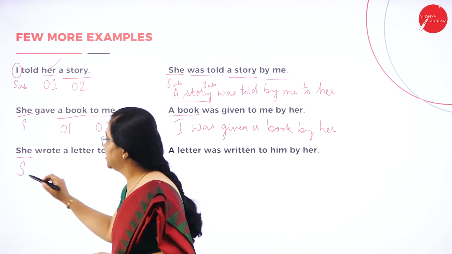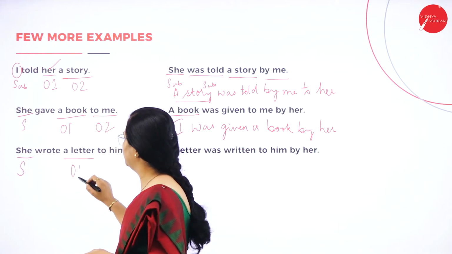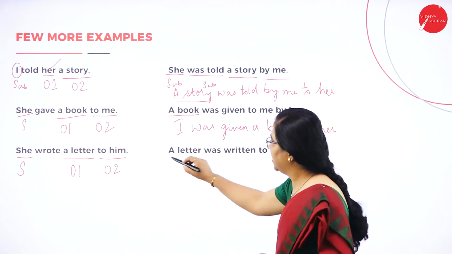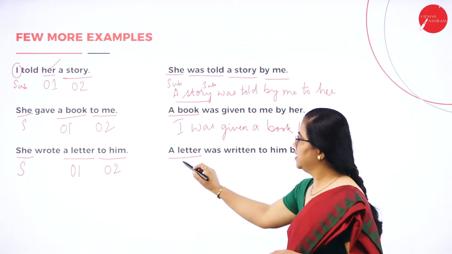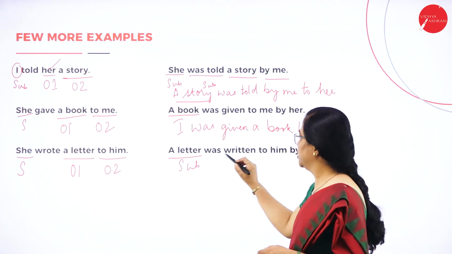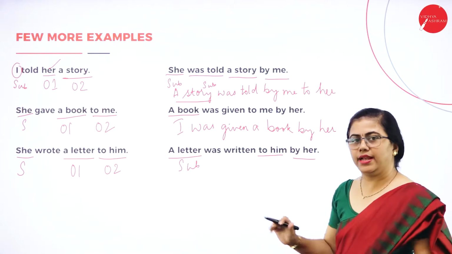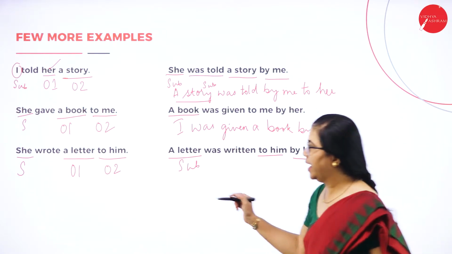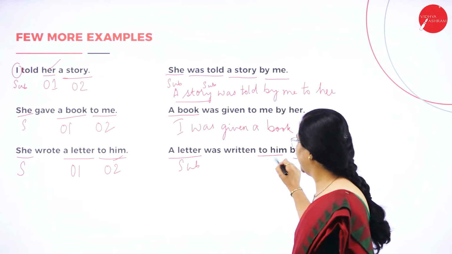She wrote a letter. She is the subject. A letter is one object. This is another object. Similarly, a letter, I have taken object 1 as the subject here. So, a letter was written to him by her. Again, there are two objects. That is, the subject is coming to an object, and here the second object is retained as it is.